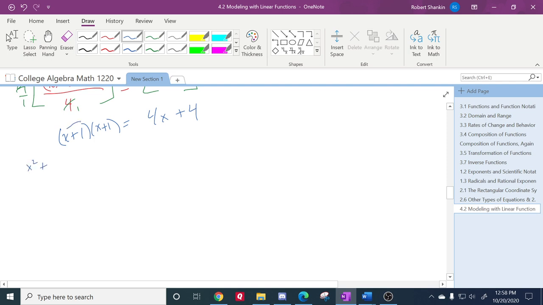X squared plus x plus another x plus 1. Okay, so this becomes x squared plus 2x plus 1 is equal to 4x plus 4.